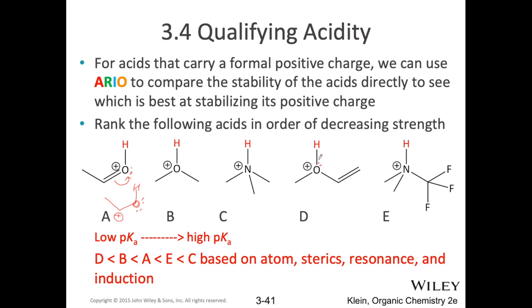Now, due to the presence of that lone pair, we can't do the same thing as we see in A. We can't have those pi electrons swing towards the oxygen to get rid of that positive charge, because if we were to do that, then this would turn into a double bond, and this oxygen would wind up having 10 electrons around it. It would have 4 from this double bond, 6, 8, 10 electrons around it, and that violates the octet rule. Instead, what we might see for a resonance structure here is actually the opposite.